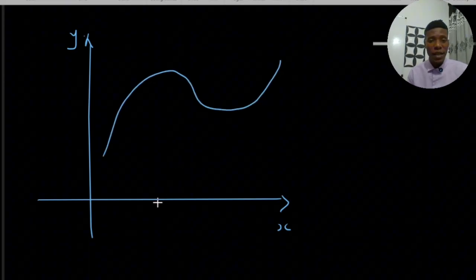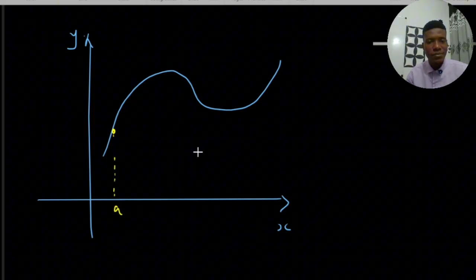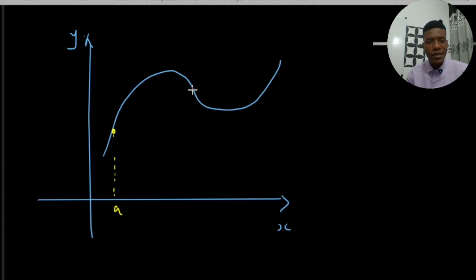Let's say we have a curve like this, where this is A on X, and let me pick this place to be my B on X. But there is a special case of the mean value theorem that treats the case when f of A and f of B are equal. So when the value of f of A and f of B are equal, that is Rolle's theorem.